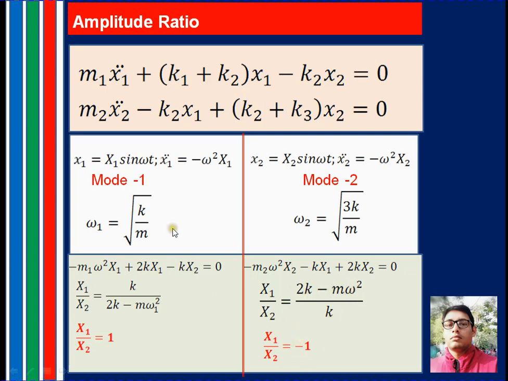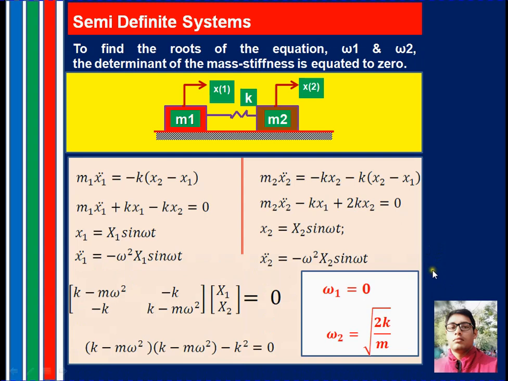It indicates that one body moves towards the right while the other body moves towards the left. So the bodies m1 and m2 will be in opposite phase, and the magnitude will also be the same. So that is the concept regarding the amplitude ratio.